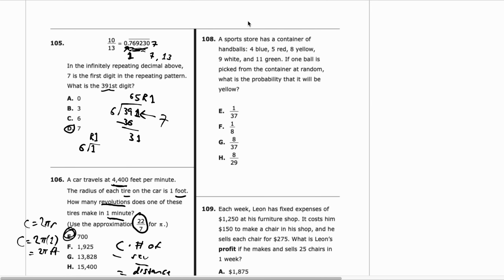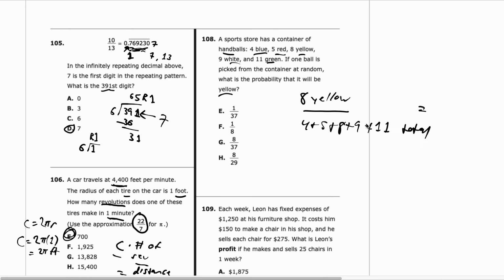Okay, so now 108. A sports store has a container of handballs. We have some blue, red, yellow, white, and green. One ball is picked from the container at random, and we want to know the probability that it'll be yellow. There are 8 yellow balls, and there are 4 plus 5 plus 8 plus 9 plus 11 total balls.